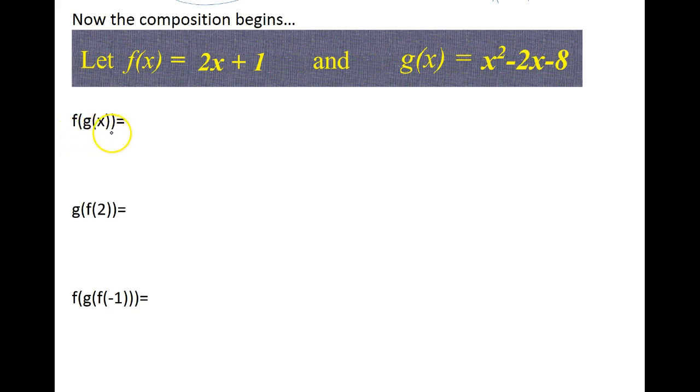If we read this, this is read f of g of x. F of g of x. And what that means is that you are plugging the g of x function, whatever's on the inside, into your f, okay?